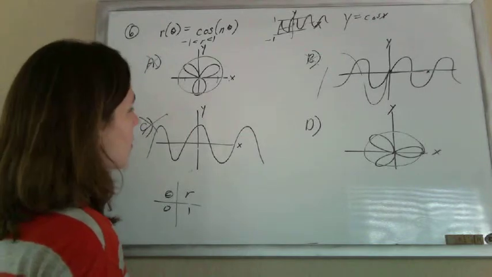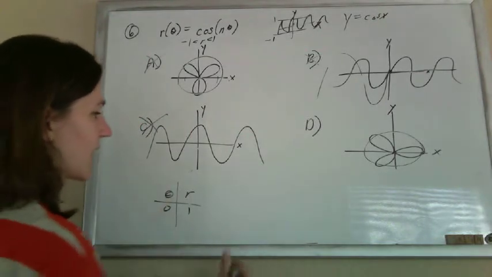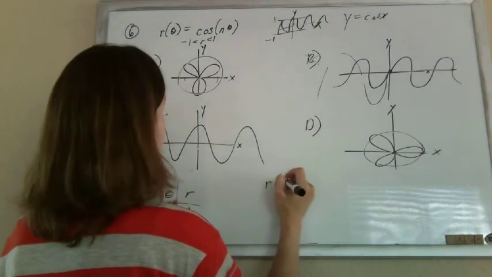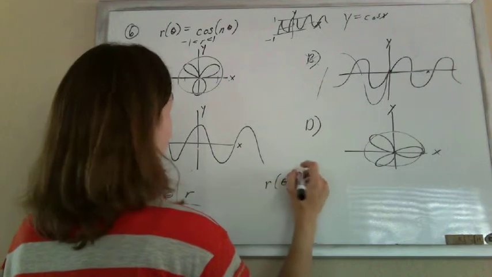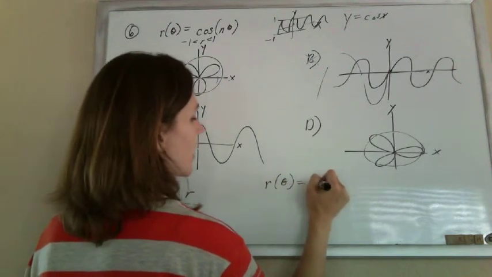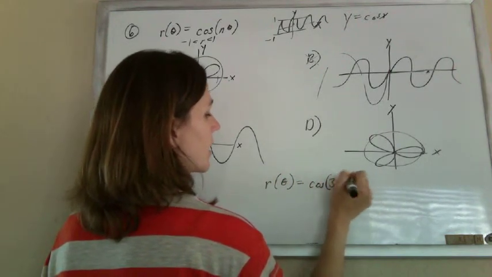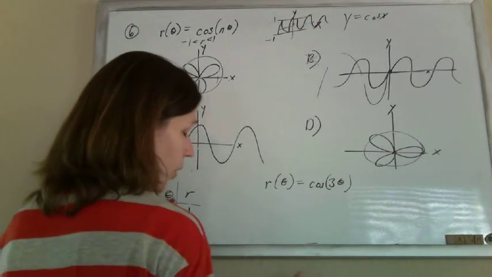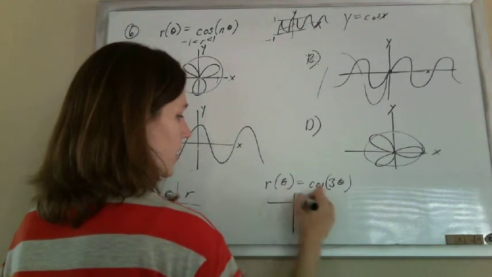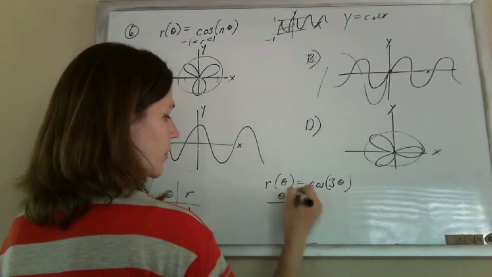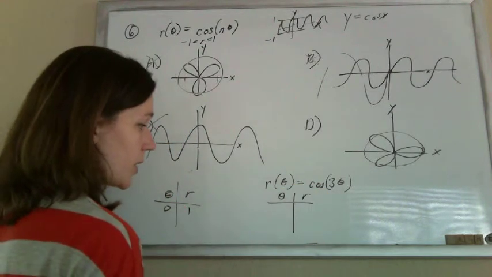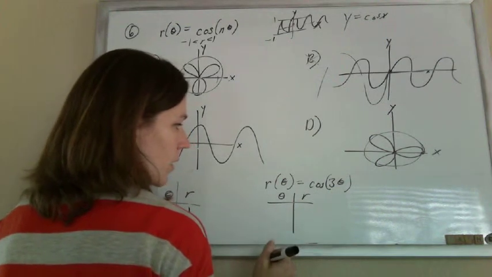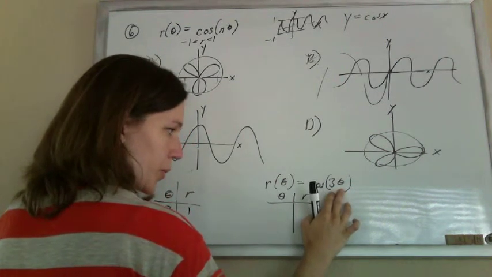You can play more, just to give you a better idea of what's going on. What if we threw in a number for that? What if we said r of theta was the cosine of 3 theta? I think that's actually what they had drawn here when n is 3. So if we were to plug in values for theta to figure out what the radius was, I like to put in values that are going to make that pretty.